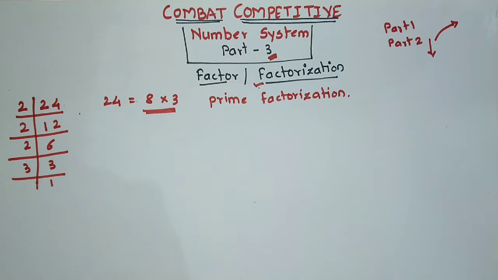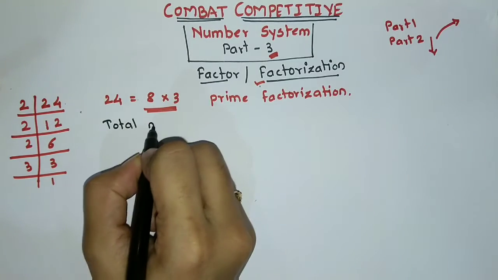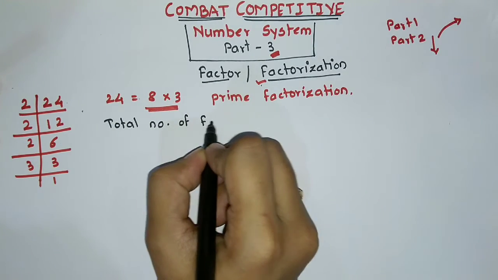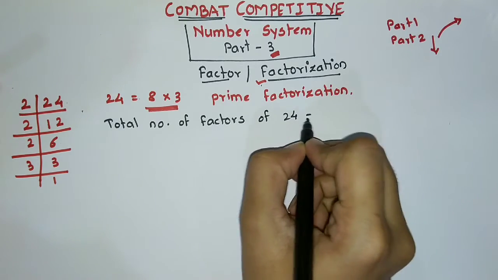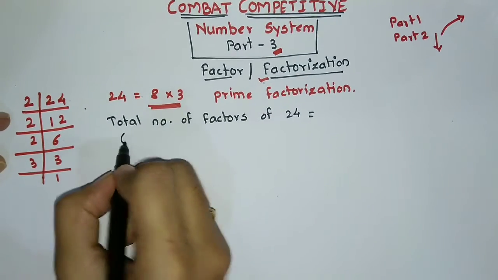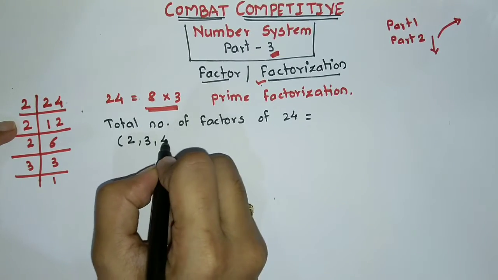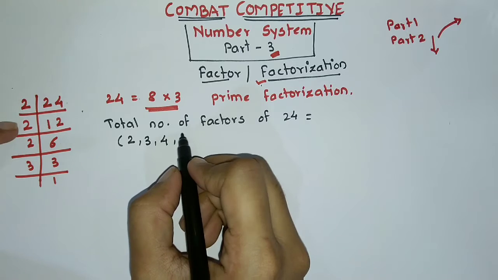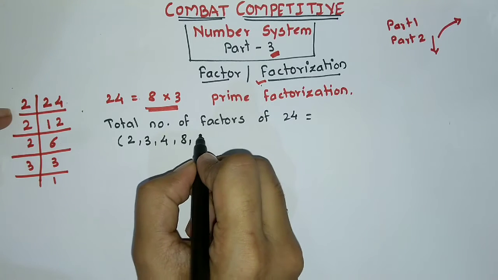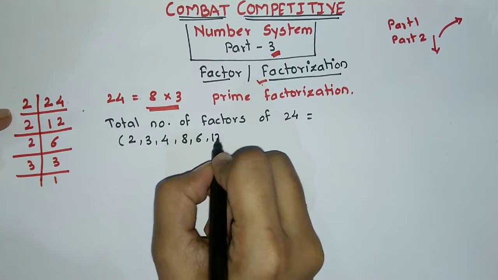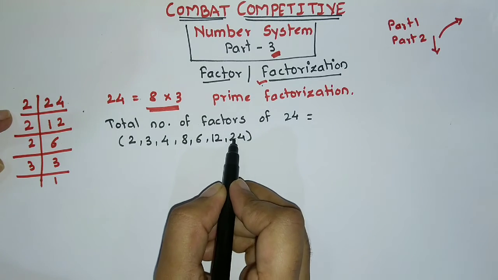Now, the total number of factors of 24 are, which are those? 2, 3, 2 2s are 4, 4, then 4 2s are 8, so 8 is also a factor. 6, then 12, then 24. 1, 2, 3, 4, 5, 6, 7.